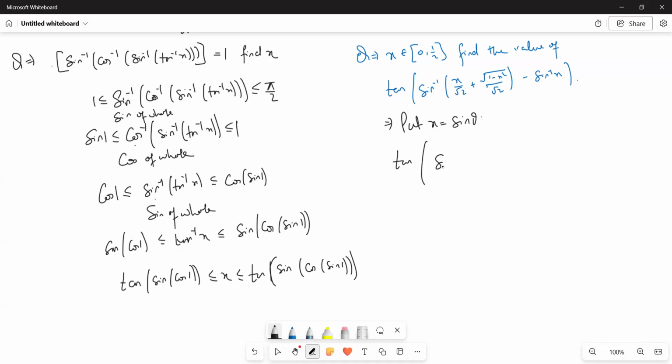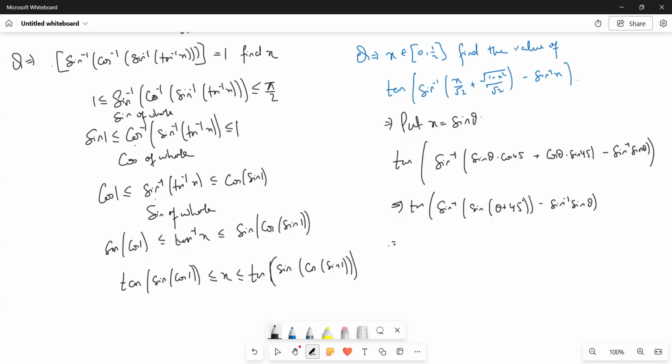So that expression को we can write as sin inverse of, अच्छा 1/√2 को कर दिया, x को कर दिया sin theta. x is sin theta and 1/√2 को we can write as cos 45 plus, अच्छा if x is sin theta तो root over 1 minus x square हो जाएगा cos theta into sin 45 minus sin inverse of sin theta, which is now like tan of sin inverse of sin theta plus 45 and a minus of sin inverse of sin theta. अब sin inverse of sin हो जाएगा tan of theta plus 45 minus theta, theta theta cancel हो गया, tan 45, the answer is 1.